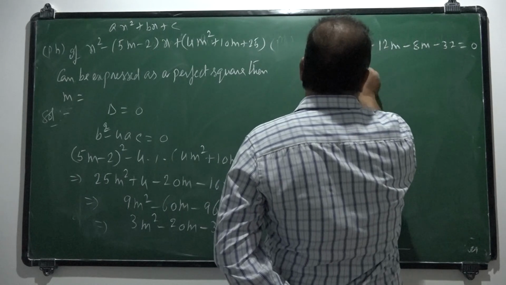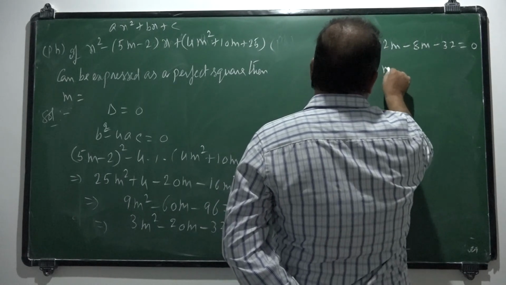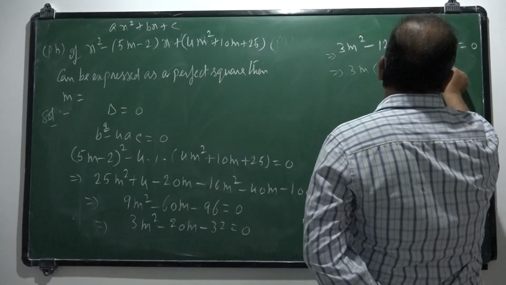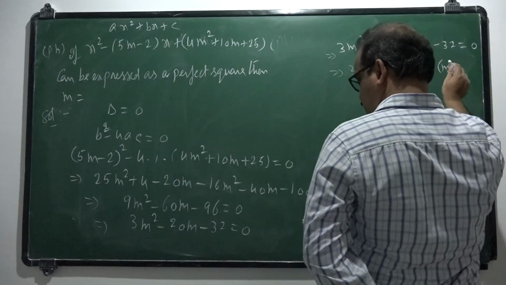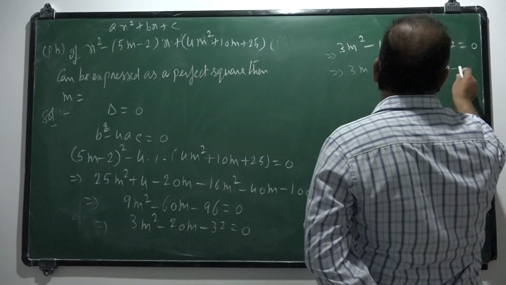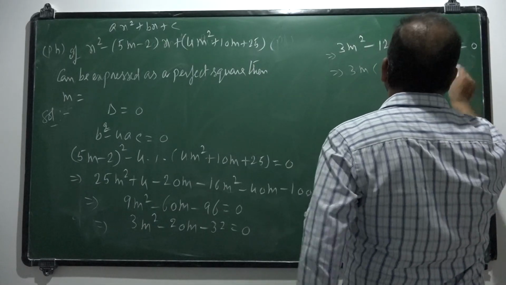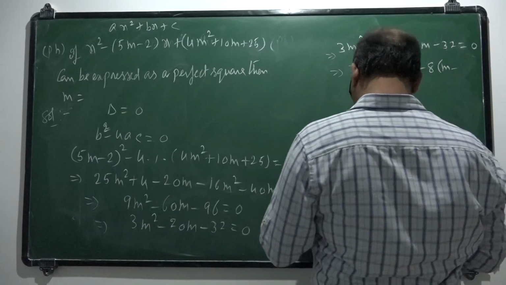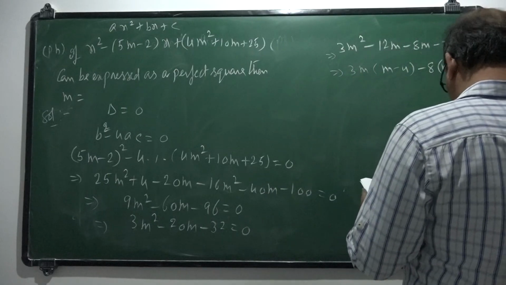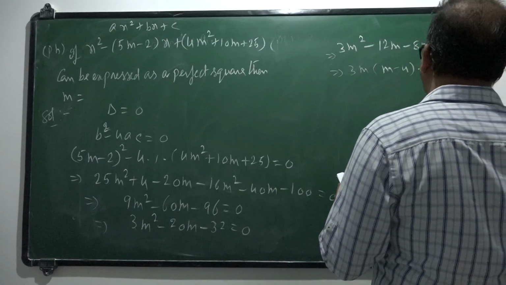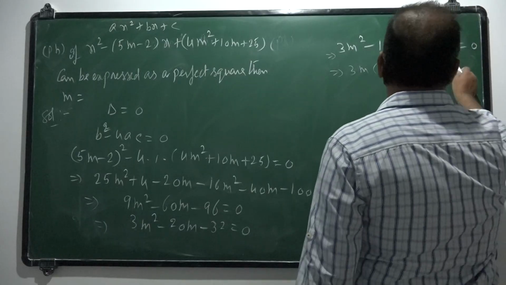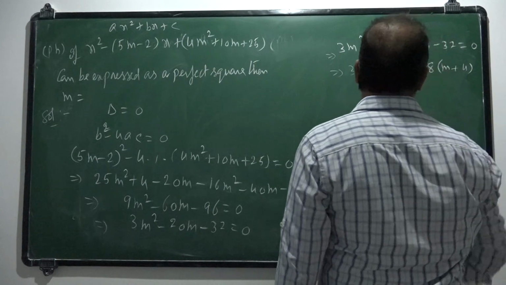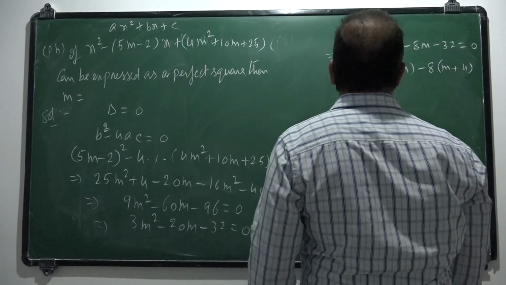Take 3 common here, 3m into m minus 4, take 8 common, minus 8, here it becomes m plus 4. These two are not the same. So you find the factors.